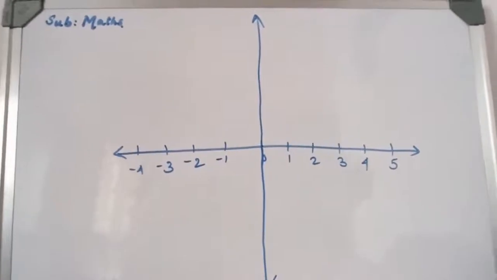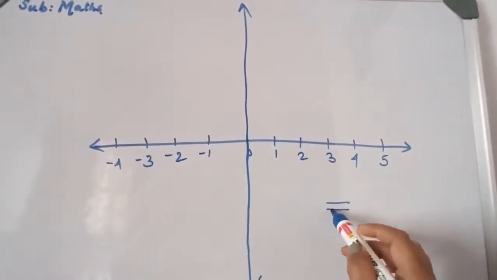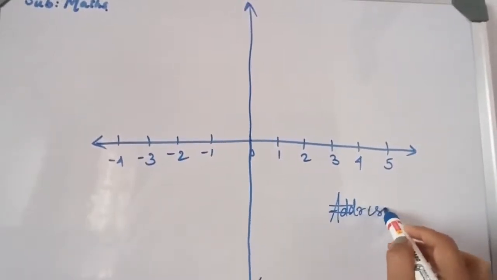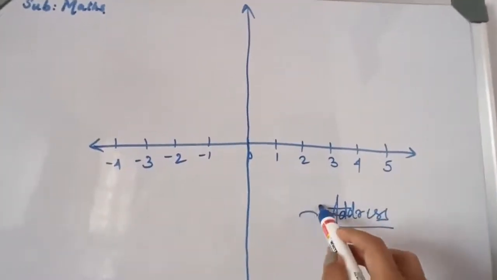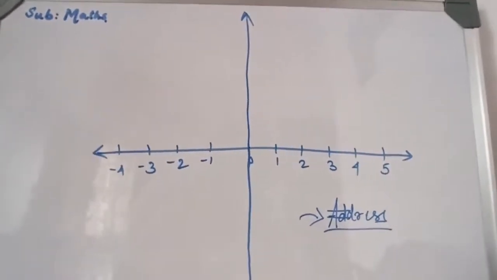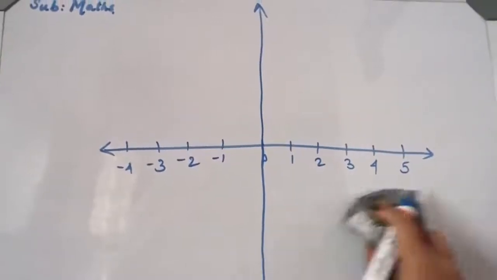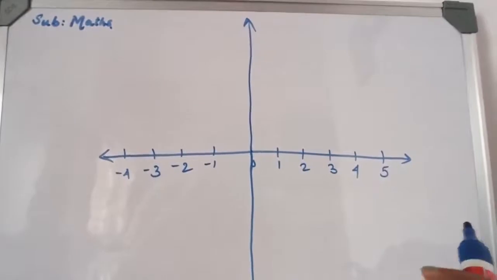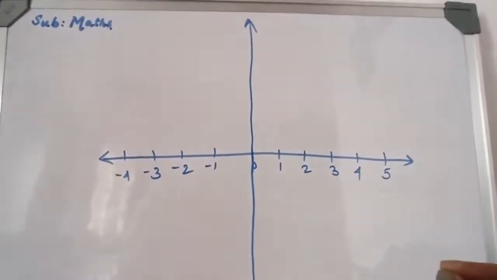If I ask where your house is, you need to provide me the address, so that using that I can directly come to that position. That is the main concept why we are learning this: so that we can easily find the position of a particular point.